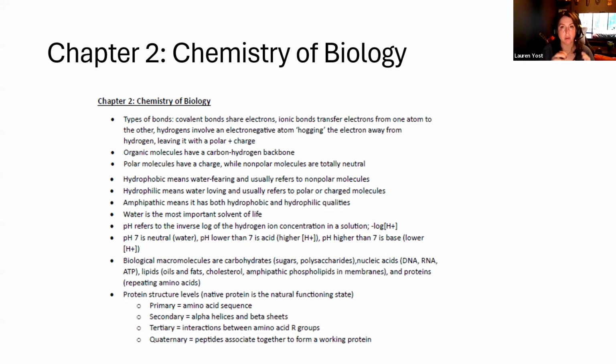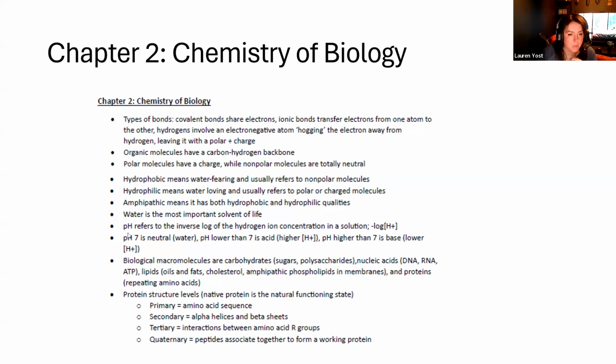Most of them are going to be multi polypeptide. So this glob and this glob come together to make a functional glob, a whole unit glob. And there can be many parts to some of these. They can have a whole slew of globs coming together to make their functional aspect.